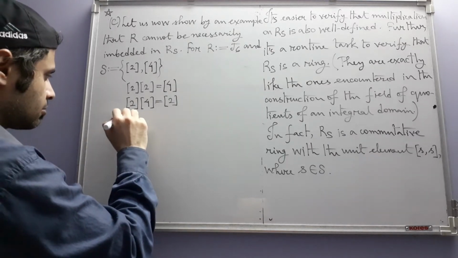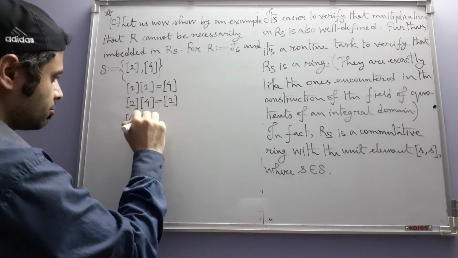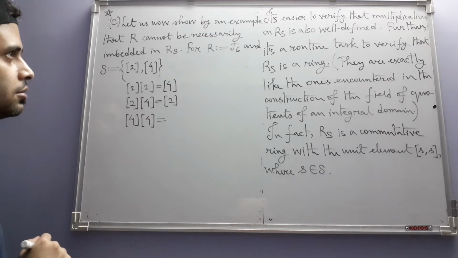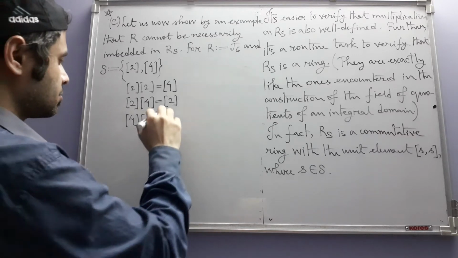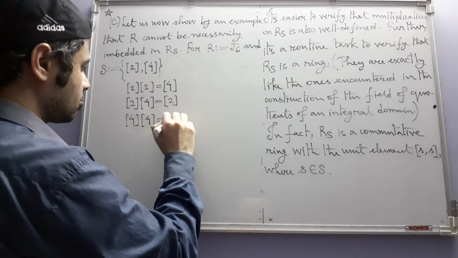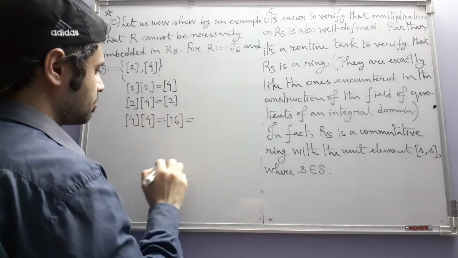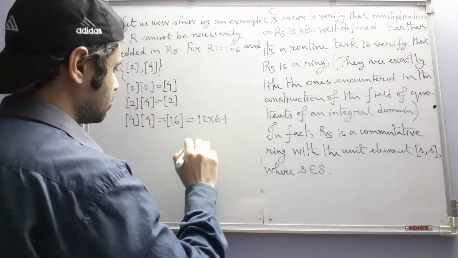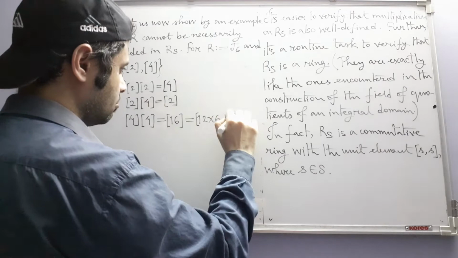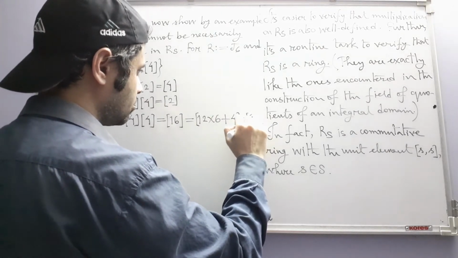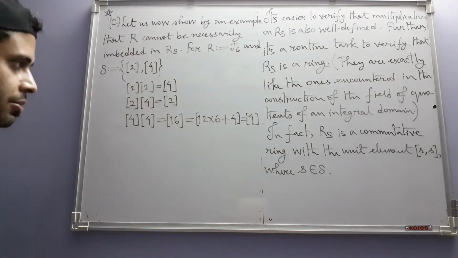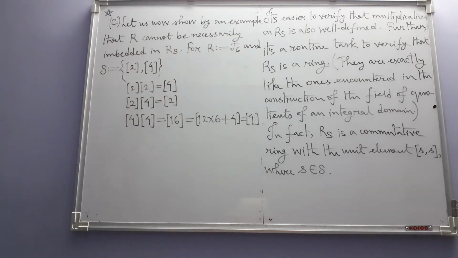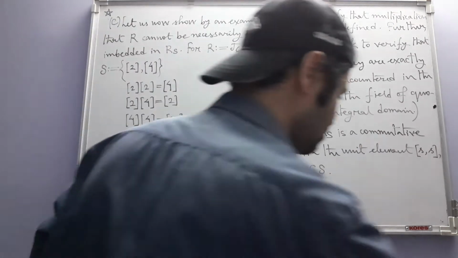And if you multiply 4 with 4, then you get 16, which is again 4. So the set is non-empty, it does not have the 0 element of R, and it is closed under multiplication. So that's why it's a multiplicative system.